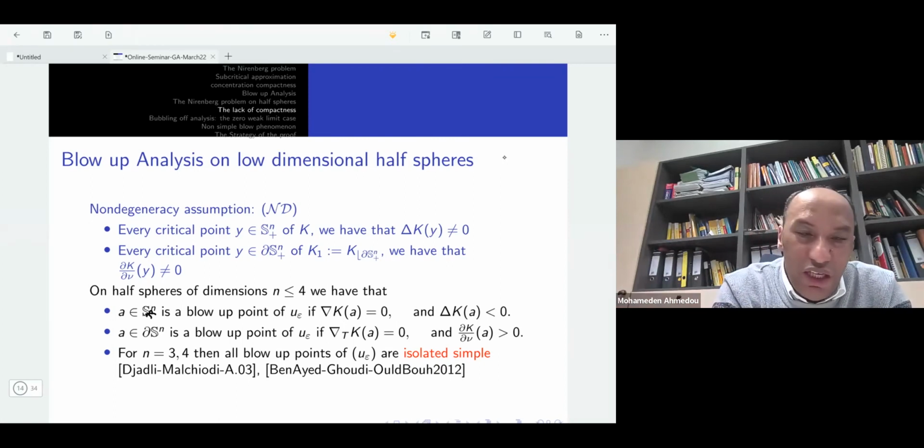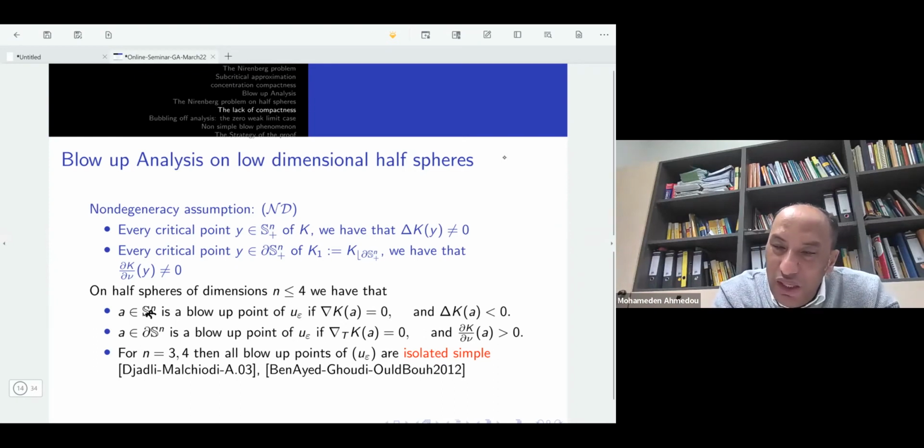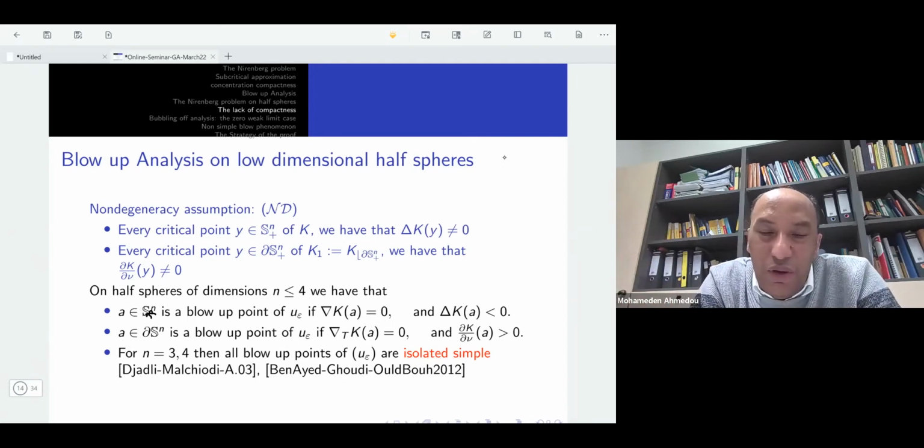If you are in the interior, then what you can prove is that the gradient should be equal to 0 and the Laplacian should be strictly negative. And if you are on the boundary of S^n plus, then this is a point such that the tangential part of the gradient is equal to 0 and the normal part is positive. So this is the situation when you have a boundary.